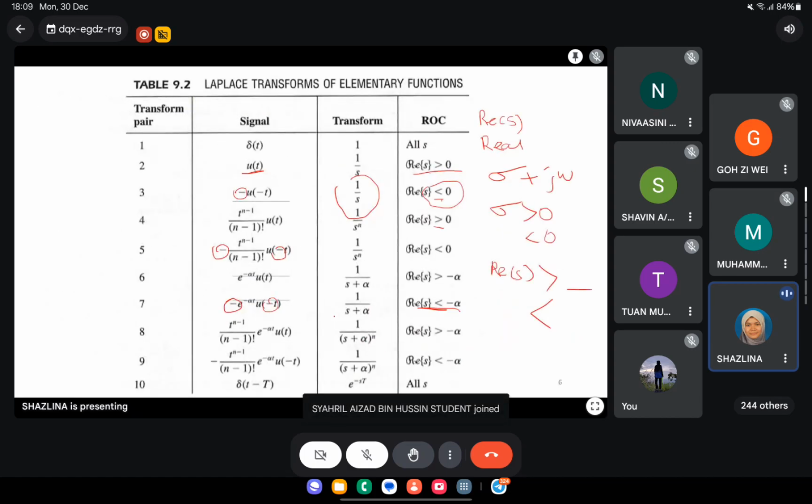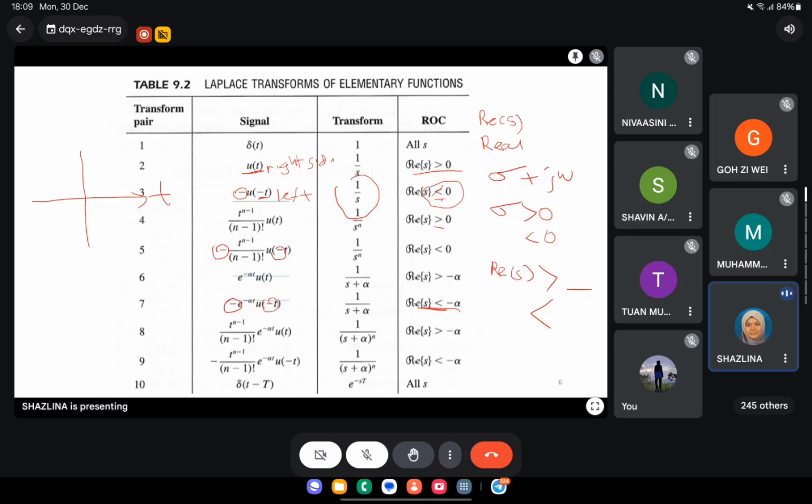So u(t) is bigger, u(negative t) is smaller. Similar to here, if you look, if the ROC is smaller, then it's u(negative t). If the ROC is bigger, then it's just u(t). So this is right-sided. This is left. This axis is time.